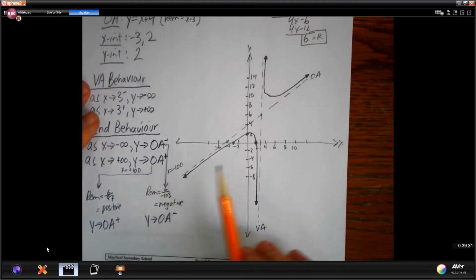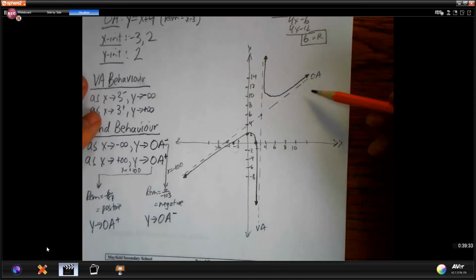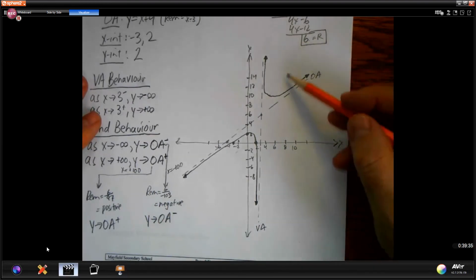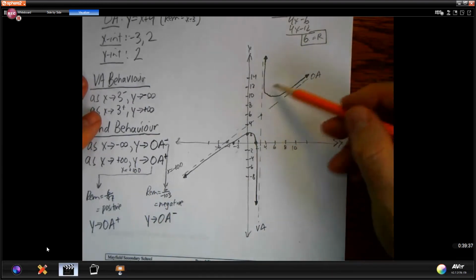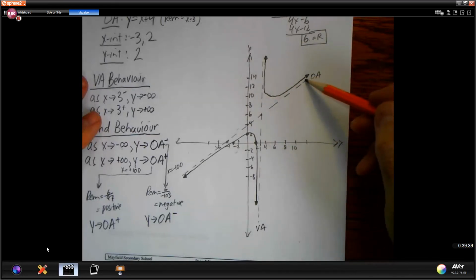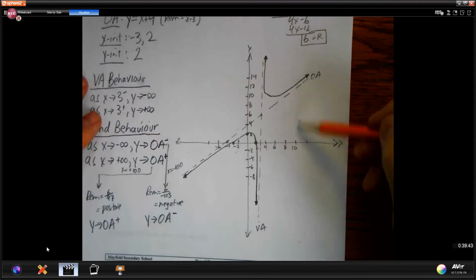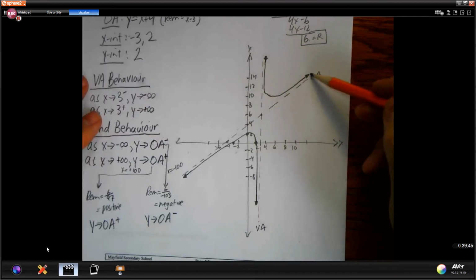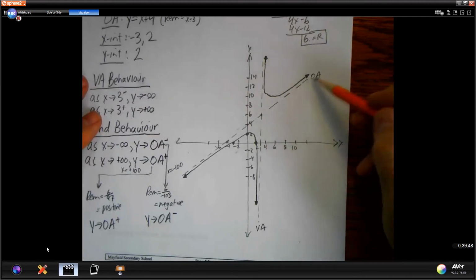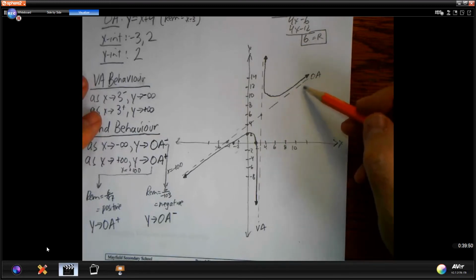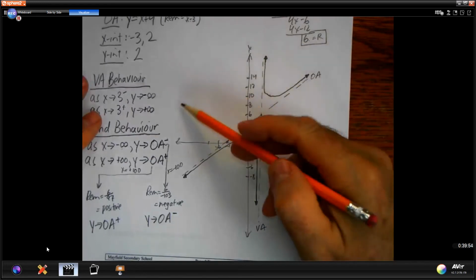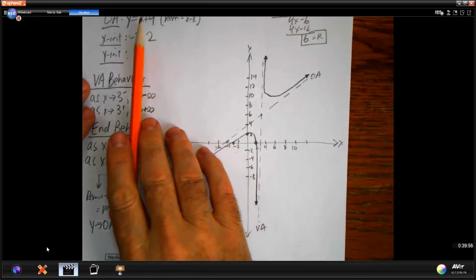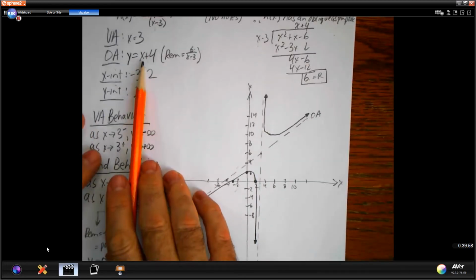What I would do, I would just pick out a point, or 2 points. One far off to the right, and I'd say, okay, how about x equals 10? That's going to tell me what's going on with the graph: is it approaching from above or below? So I do 2 calculations. One for the oblique asymptote equation. So I'd plug in x equals 10 here, so y would be 14.